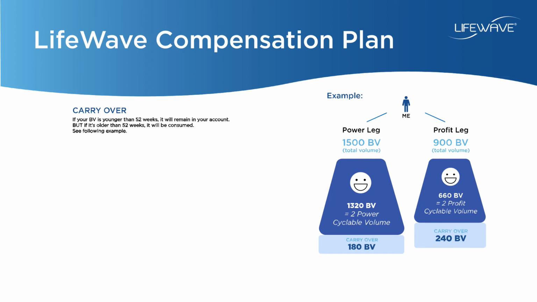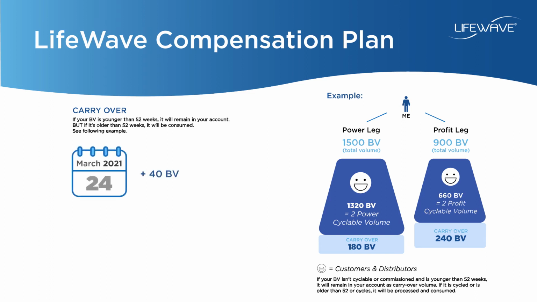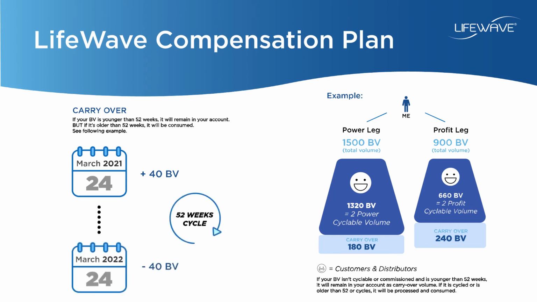Any volume that doesn't meet that cycle ratio is considered carryover volume and will flow from week to week and be part of what you can utilize to cycle the following week. Now, volume does mature over time, like we talked about. We protect your volume that doesn't cycle or isn't considered cyclable for 52 weeks, a whole year. So you have plenty of opportunity to earn commissions on that volume and work on getting those ratios in place so you can continue to earn those $50, $50, $50, and maximize your earning potential within each and every rank.